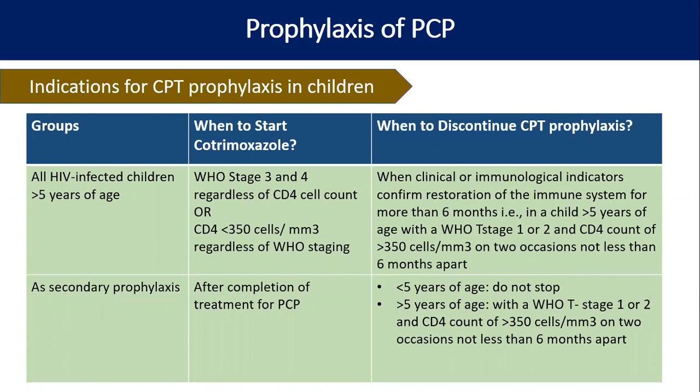And there should not be any stage 3 or stage 4 condition. And the trend of CD4 should be a rising trend. And as secondary prophylaxis after completion of the treatment of PCP, in children less than 5 years of age, we never stop. And in children more than 5 years of age with a WHO stage 1 or 2 and CD4 count of more than 350 cells per cubic millimeter on 2 occasions not less than 6 months apart, then we can stop.